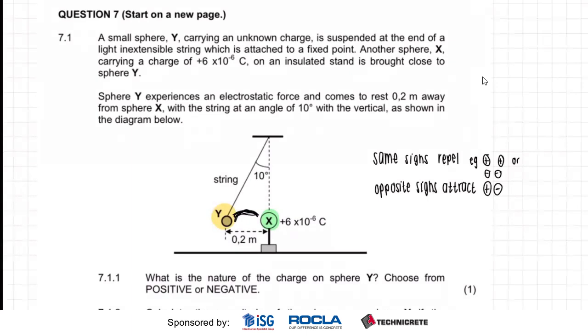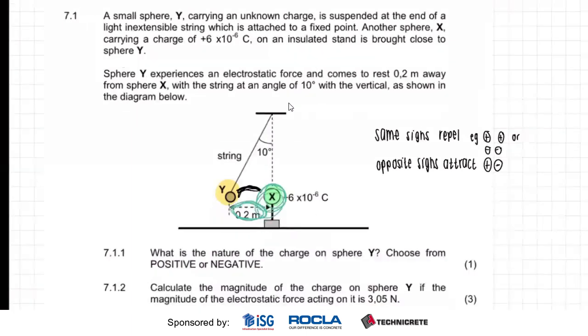Sphere Y is only being kept 0.2 meters apart from X by the force from X. This string is only keeping ball Y from falling to the ground. Only keeping it up.